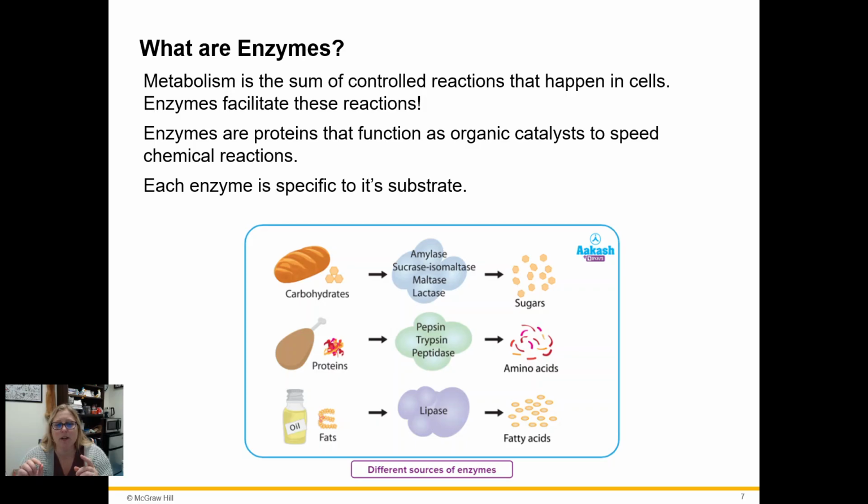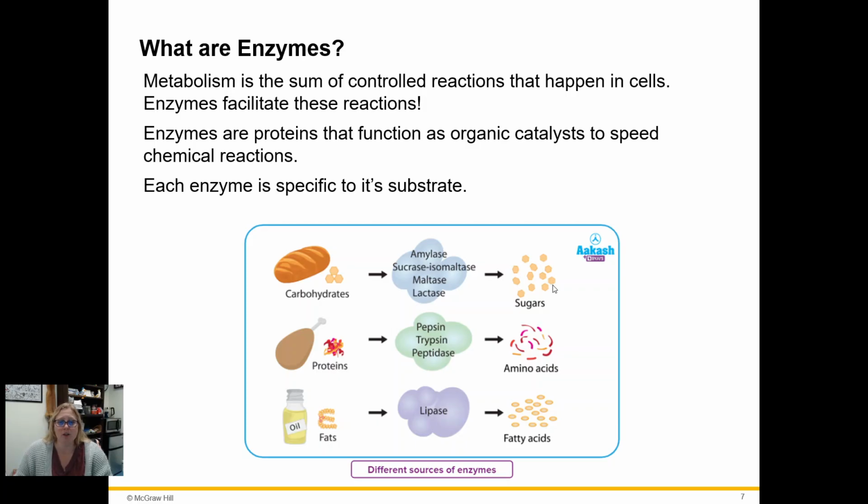Amylase, okay, is going to be the enzyme that starts to break down that starch into its sugar component parts. So if you hold a saltine in your mouth for long enough, it will start to taste a little sweet. Now, I'm a little grossed out by the texture. I'm not going to hold a saltine in my mouth that long. But if you do, you are breaking that large polymer of starch into its component parts of glucose with the help of an enzyme called amylase.